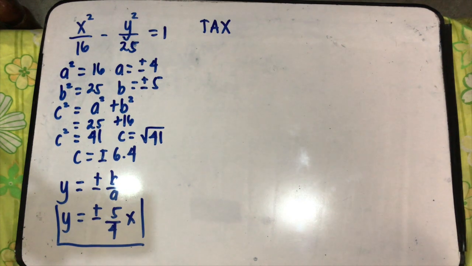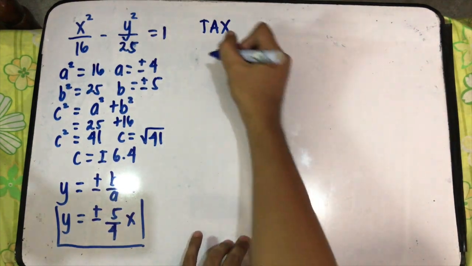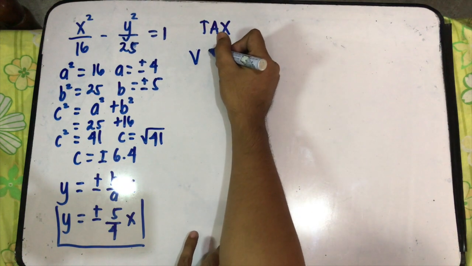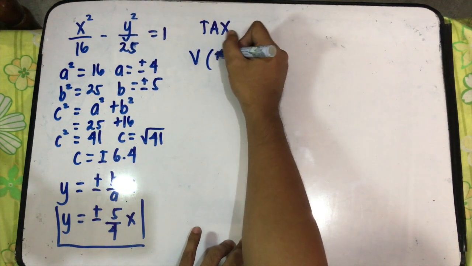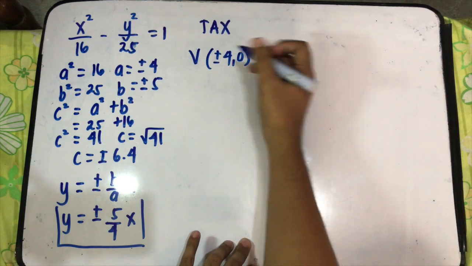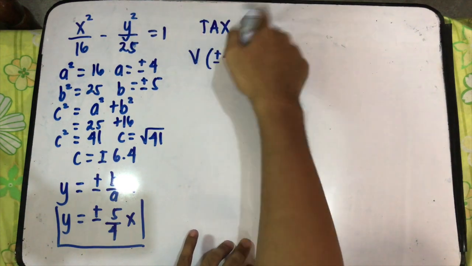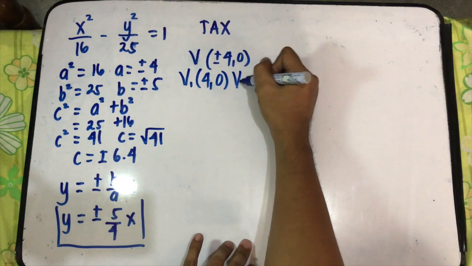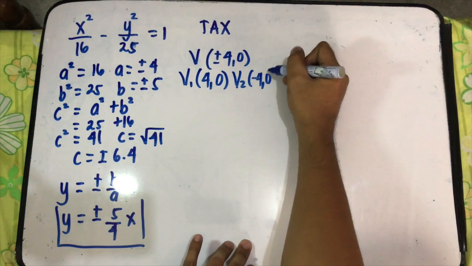So let us locate the vertices, the foci, and the co-vertices. The vertices, V, should be located at plus minus 4, 0. Because the transverse axis is horizontal, V1 is located at 4 and 0, and V2 should be located at negative 4 and 0.